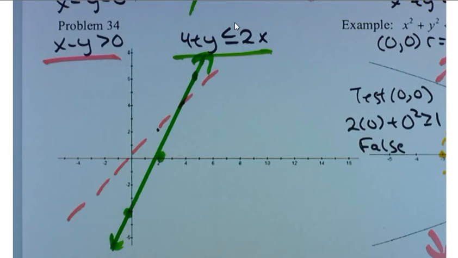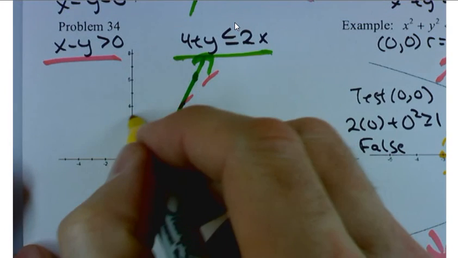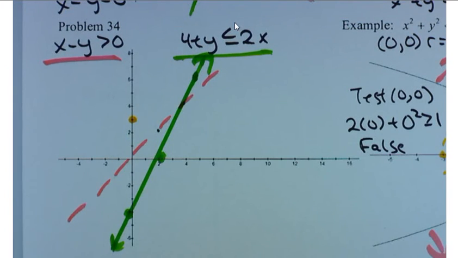Now it's a matter of testing points. I think I want to pick a point that I can use twice. So let's pick this point right here at 0, 3. Let's see what happens when we test those points.